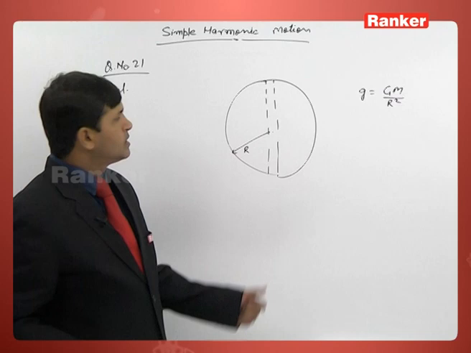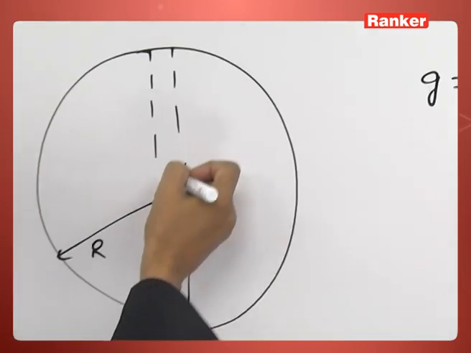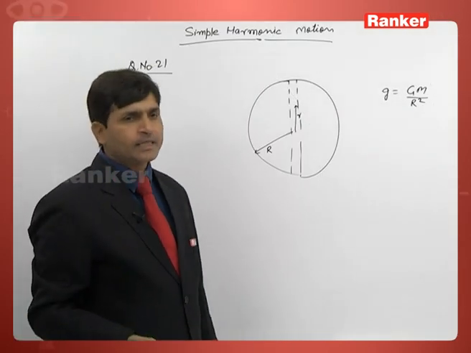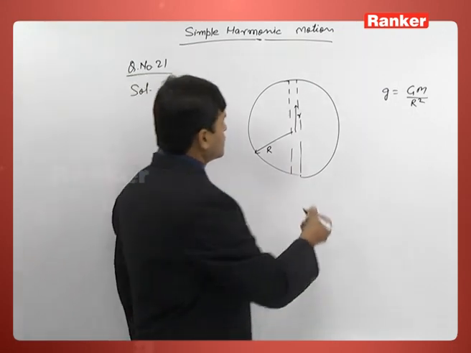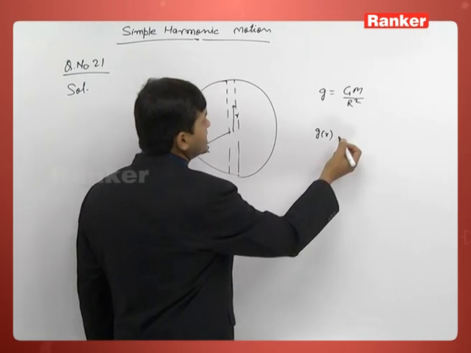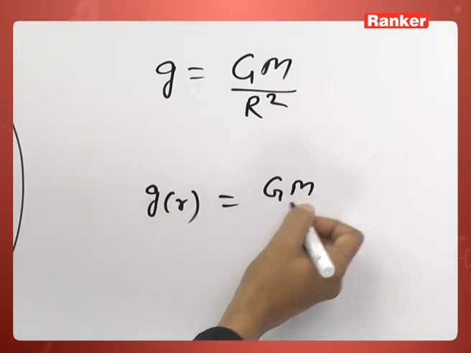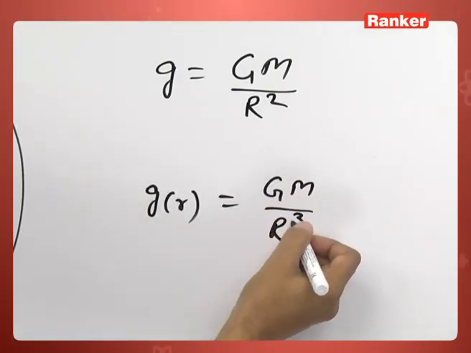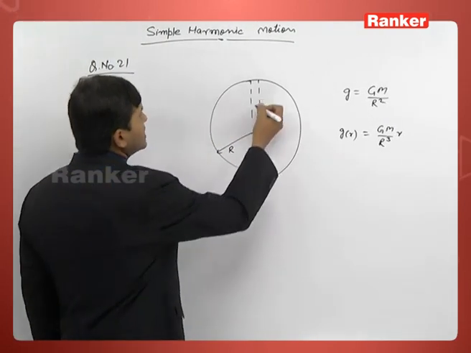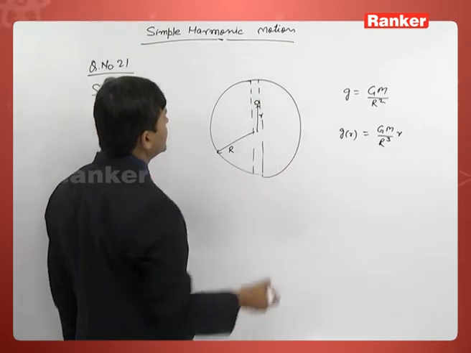As we know, if we are going from the center to the surface, the value of g gradually increases. So, g at distance r from the center of the earth is given as GM by r cube into r. So, what we have observed, suppose a particle is kept here or a particle is released.